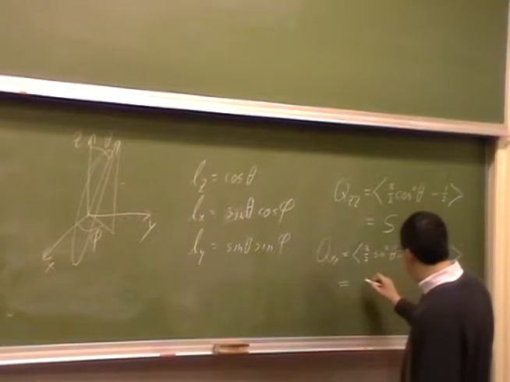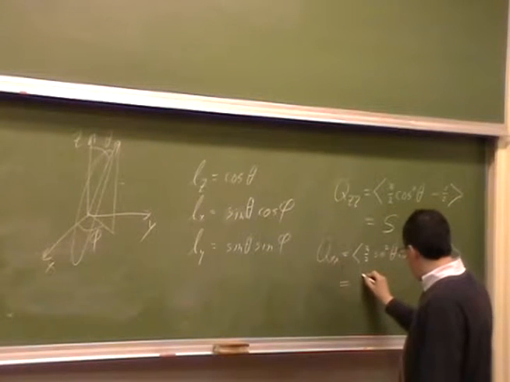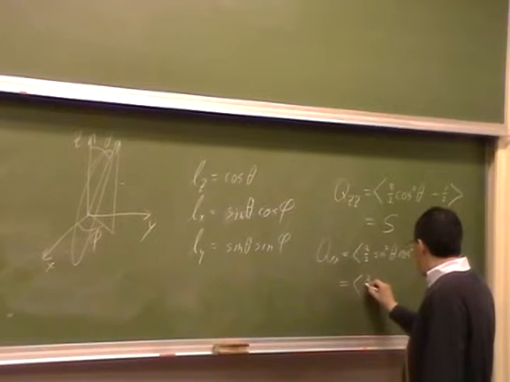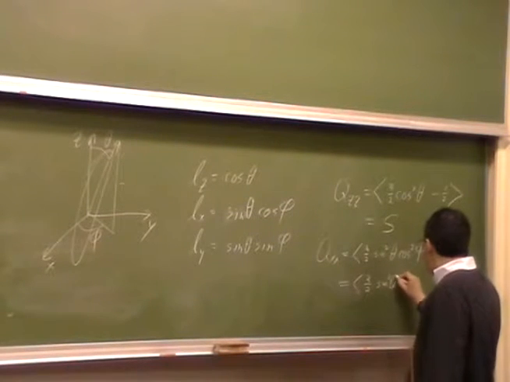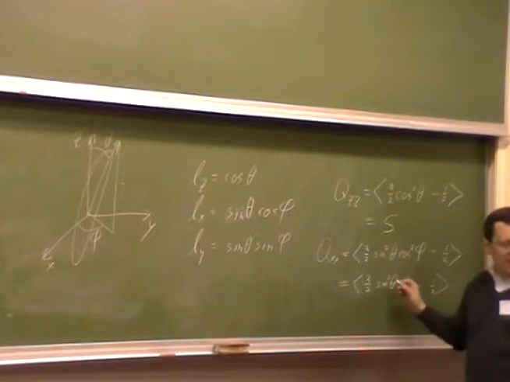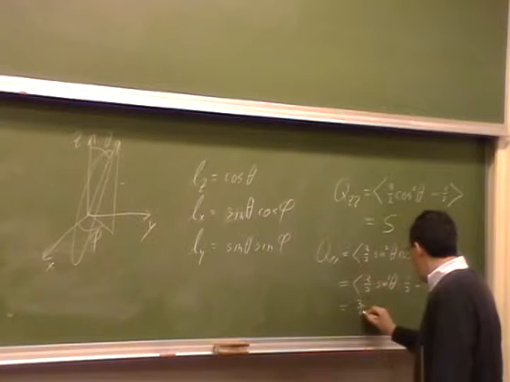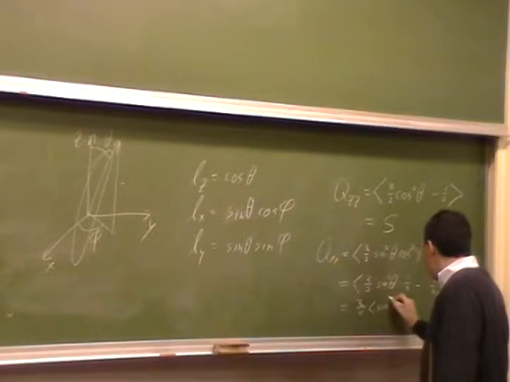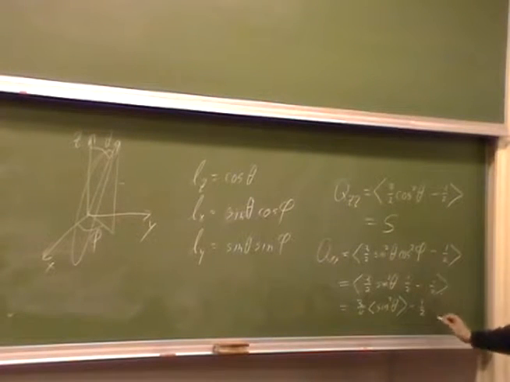So this is going to be 3/2 average of sine squared theta times a half minus a half. Right? So 3/4 the average of sine squared theta minus a half.